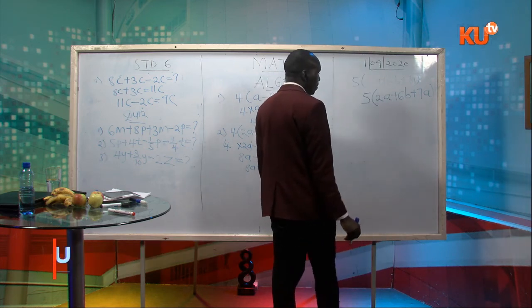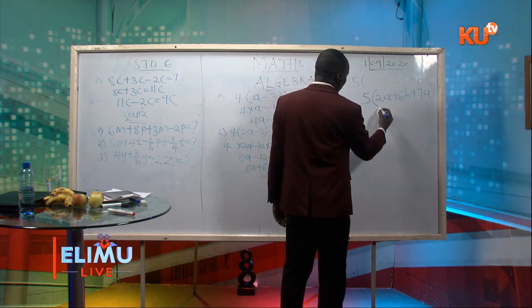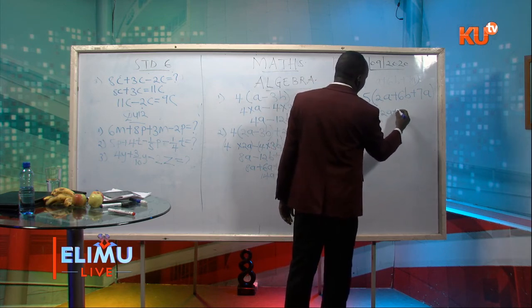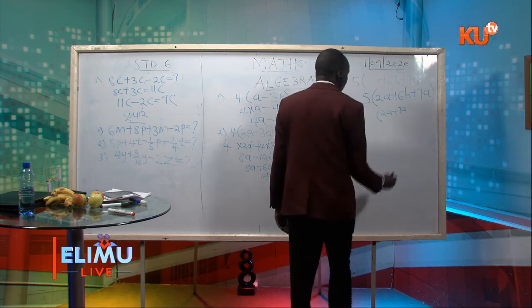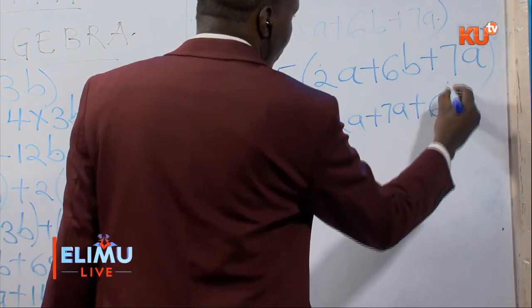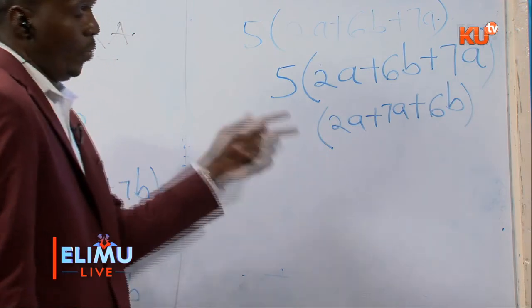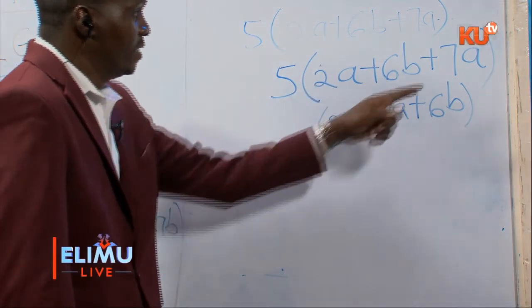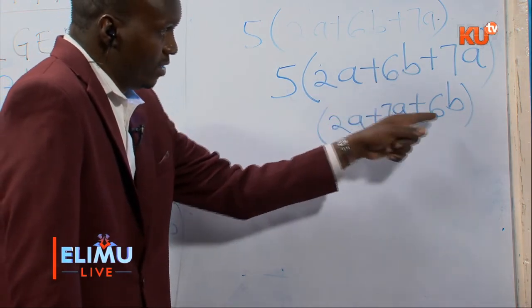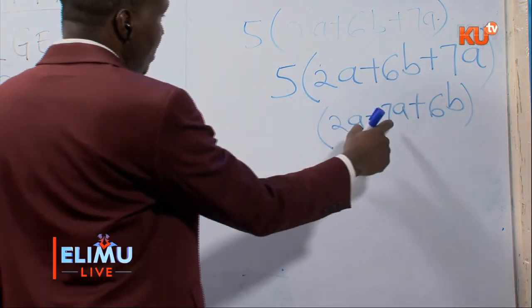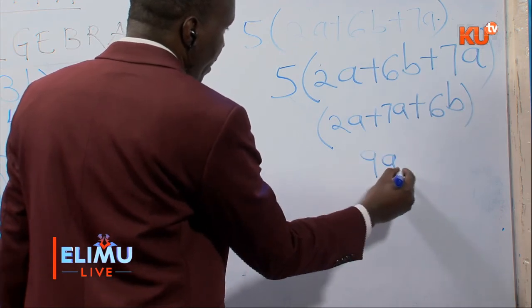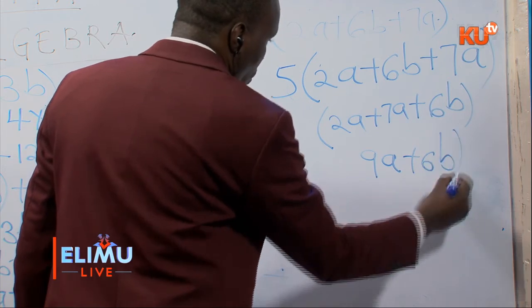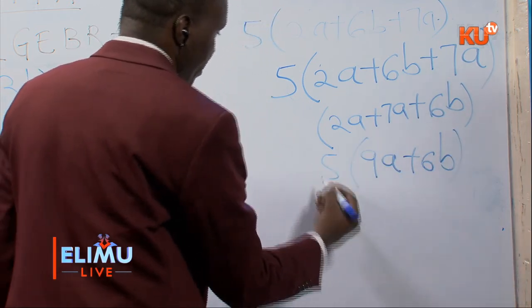We group the like terms: 2a plus 7a plus 6b. 2 plus 7, we get 9a plus 6b. We close the brackets.